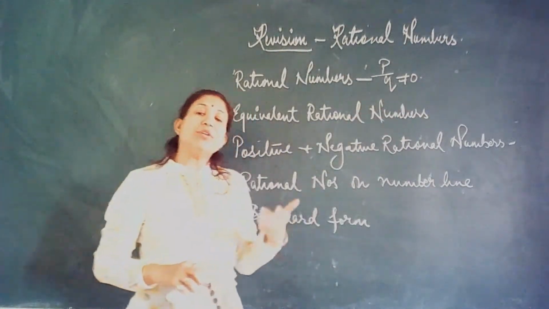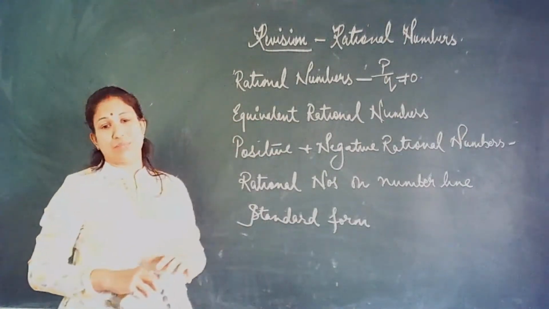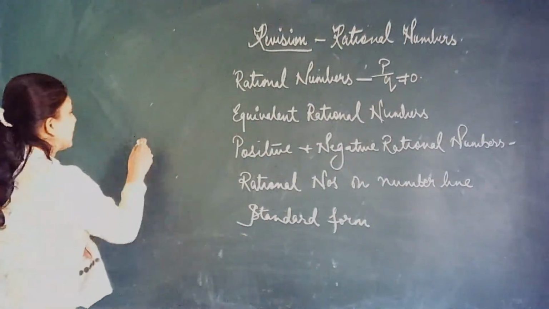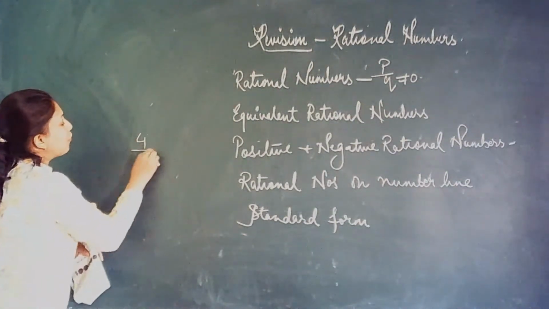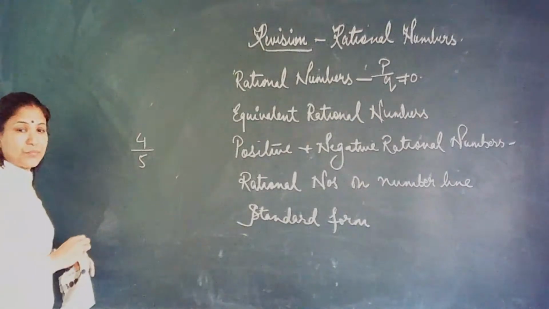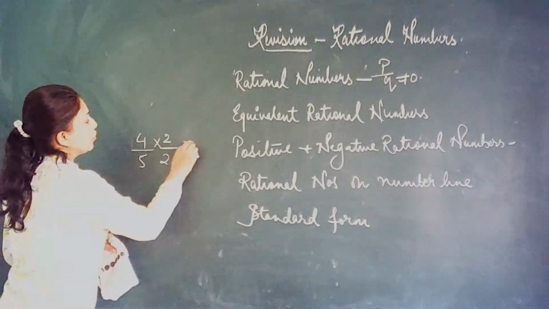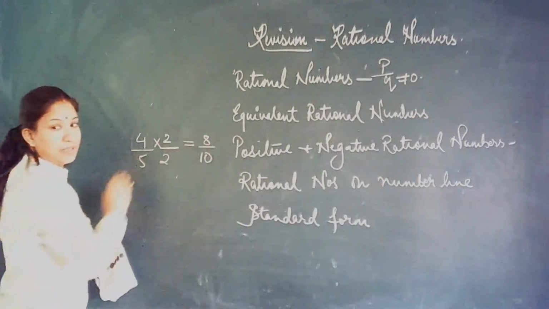Then there are types of rational numbers. First is your equivalent rational numbers. Now, what are equivalent rational numbers? Take for example 4 by 5. Now, if I multiply and divide this with 2, what will this become? 4 times 2 is 8 and 10.